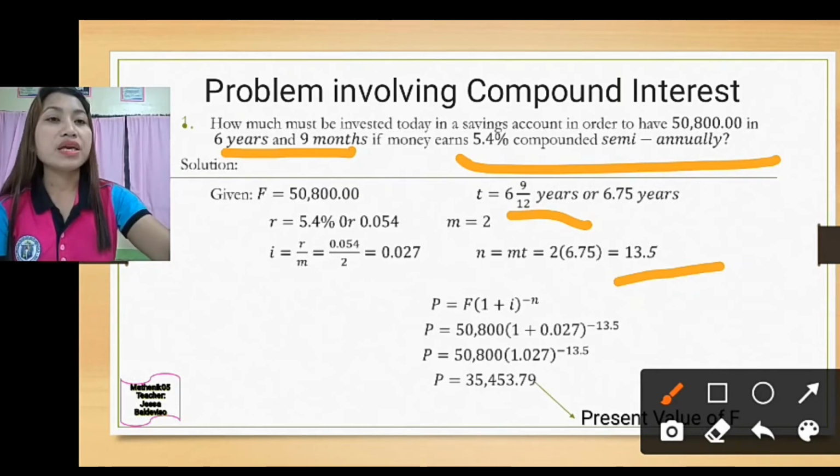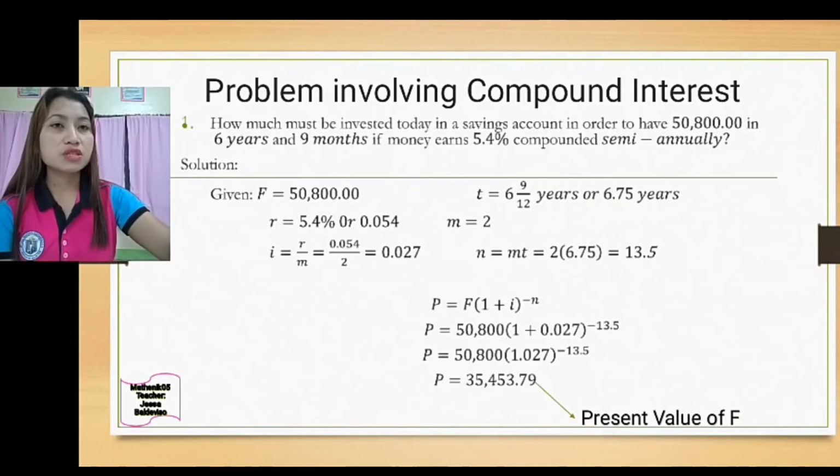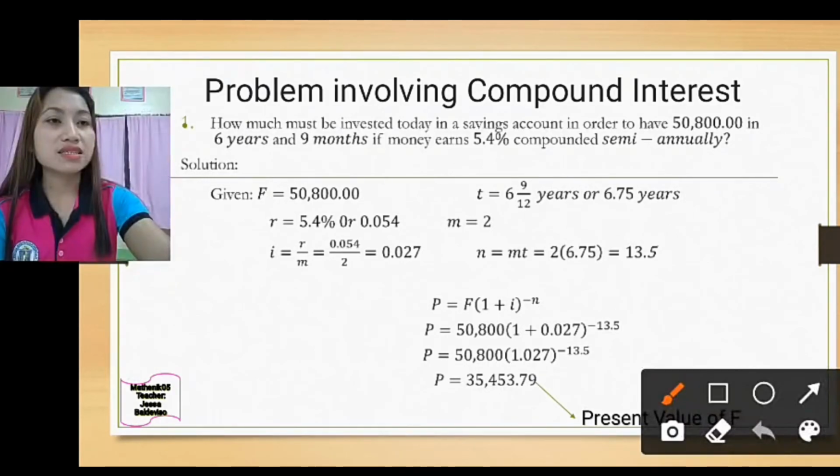So let's use the formula in computing the present value of F. So we have P equals F times 1 plus I raised to the exponent of negative N. So again, let's substitute the given values. Our F is 50,800, then copy the 1 which is constant, plus I 0.027 raised to the exponent of negative 13.5, which is our N. So we first compute the inside.